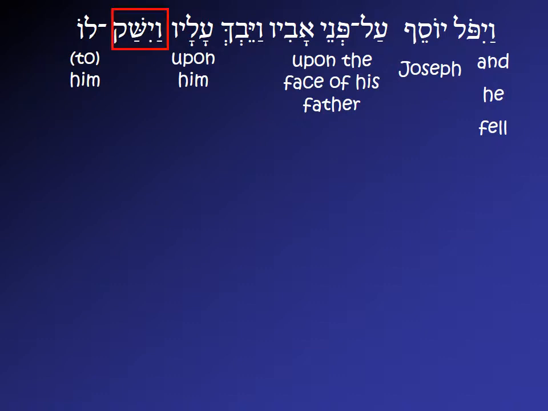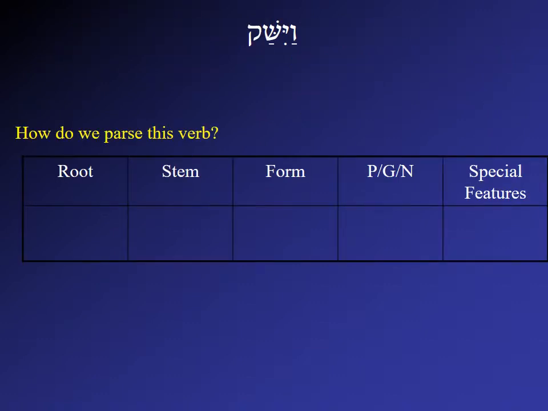Now let's skip to the end of the verse and look at vayishak. Having done the previous one, this one should be quite straightforward. So again, we find the vav patak double, special feature. We find the form then is going to be prefix. We look at our yod and we see third masculine singular.